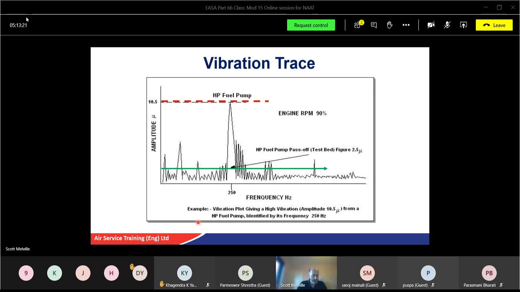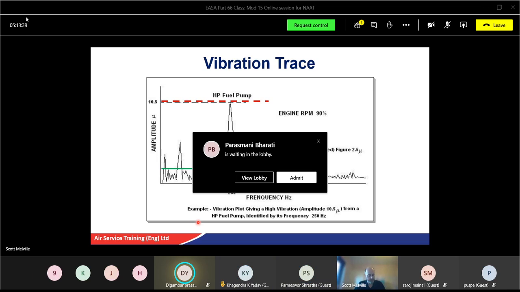Okay. How do we measure oil temperature? What's a standard sort of setup? What's a simple method? Thermocouple.